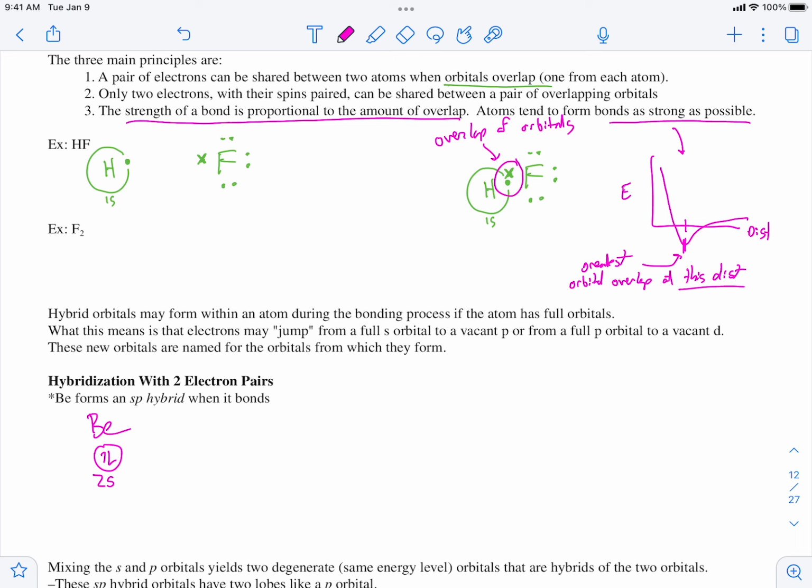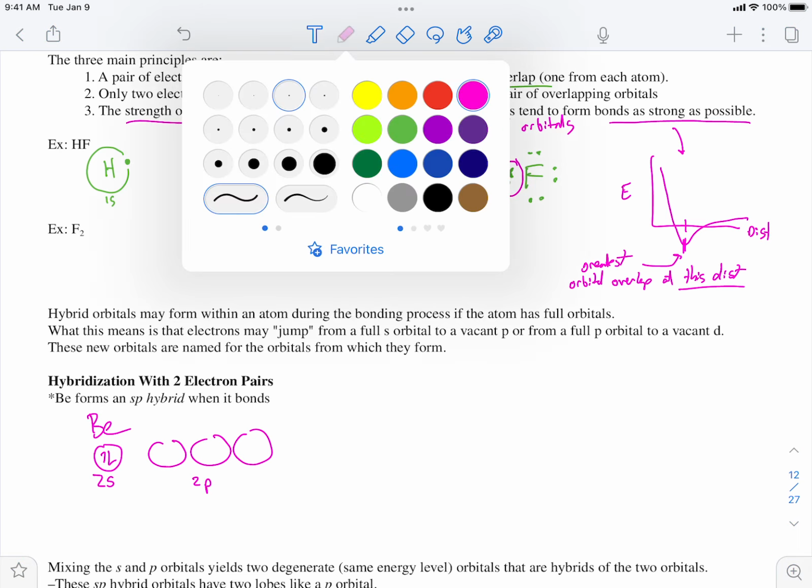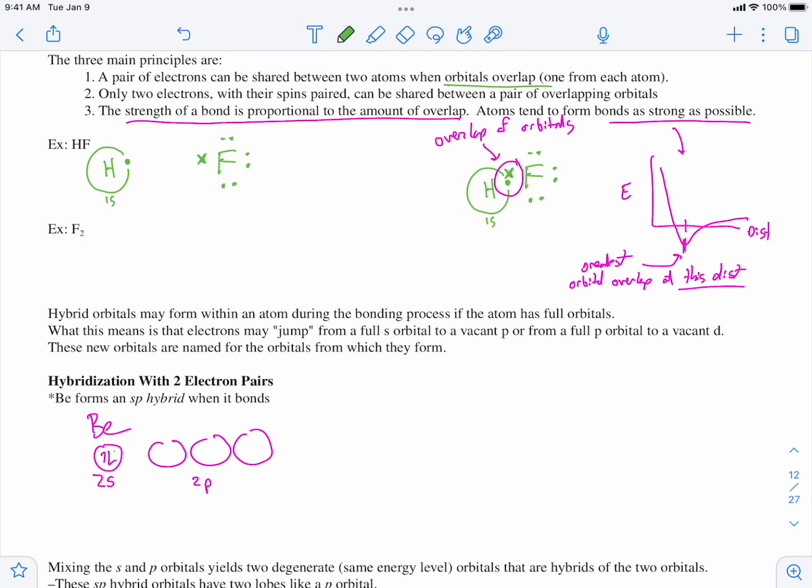There's a process of electron promotion called hybridization. And so what happens is beryllium, being in the second period, does have access to a p sublevel. And so what's going to happen is one of those s electrons is going to be promoted, and by being promoted just meaning kind of nudged or moved.